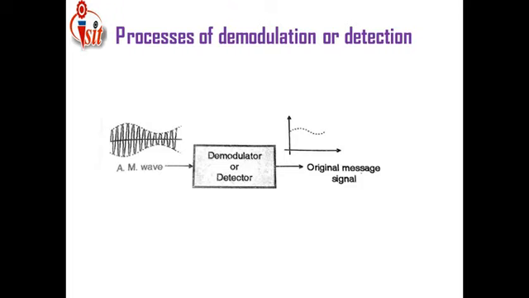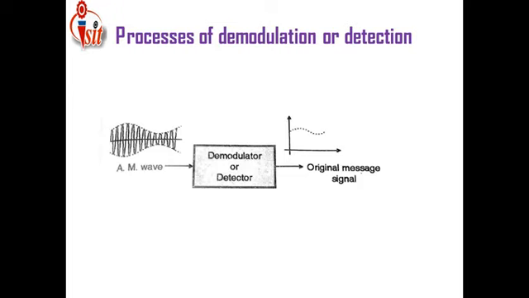Then how do we get that original signal? There are different methods for detection. The AM detection method is different, the FM detection method is different, and the PM detection method is also different. But practically there is one common way of detection.